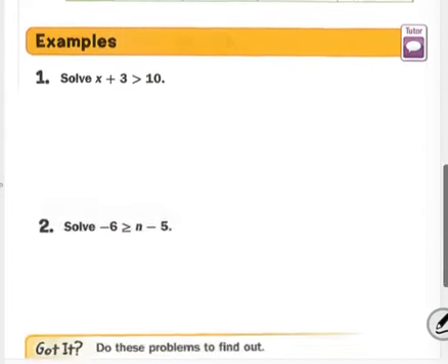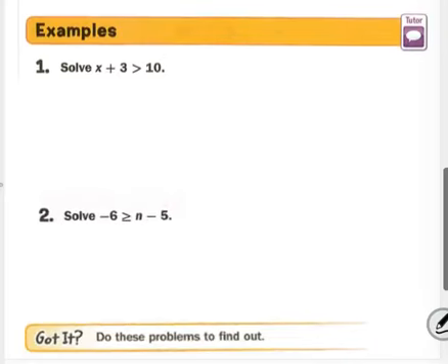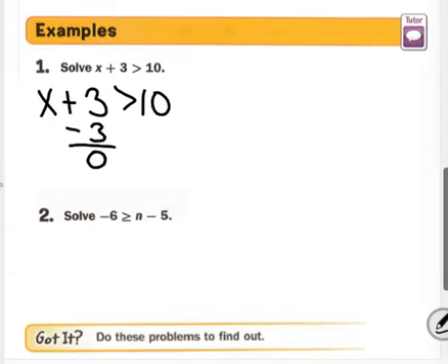So let's solve some of these, and you're going to find them to be very familiar. We've got x plus 3 is greater than 10. This is very simple. We're going to treat this exactly the same as we treated our equations. We're going to isolate our variable. In this case, we'll subtract 3 from that side, leaving us with x is greater than, and then we'll subtract 3 from the other side, leaving us with 7.